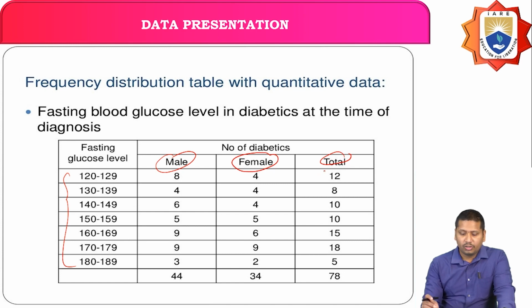Like this, I can represent the data. So in the frequency distribution table, the glucose level is diagnosed with quantitative data.